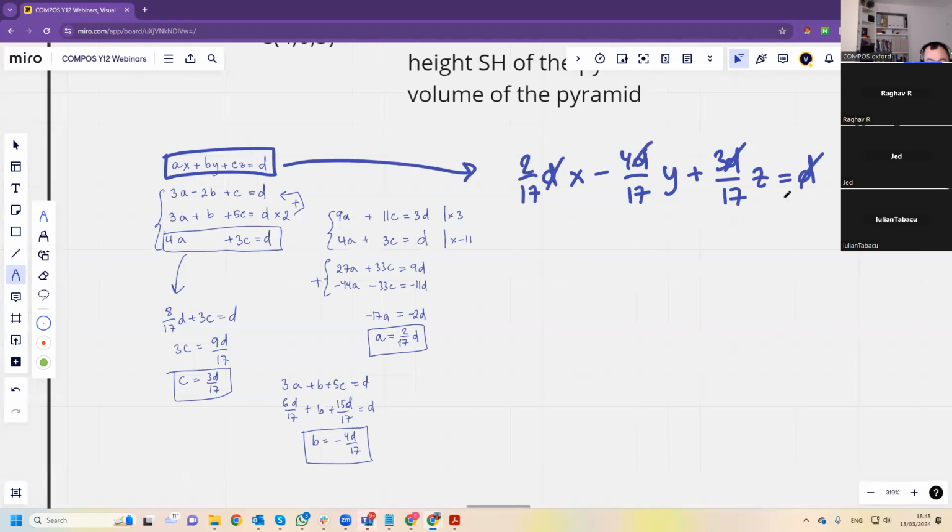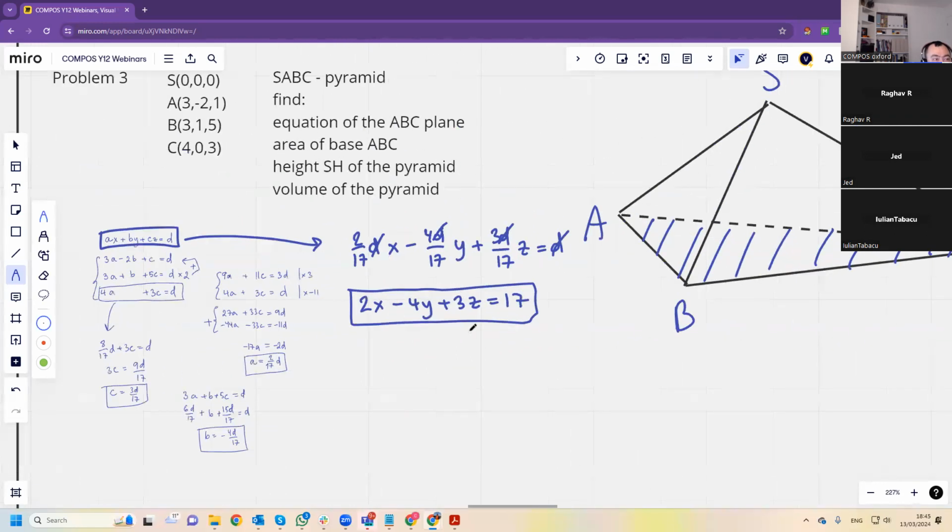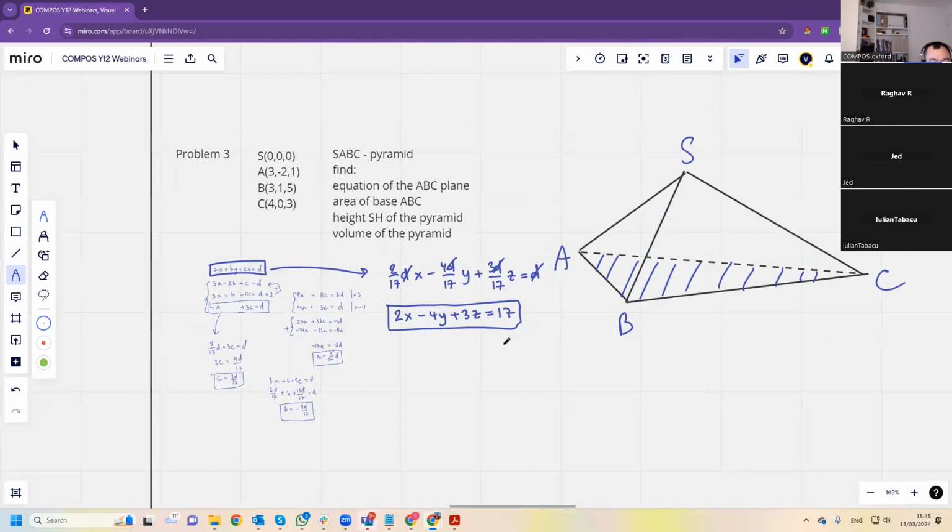And we multiply the whole thing by 17, we get 2x minus 4y plus 3z equals 17. Oh, okay, not too bad. I thought it's going to be worse. That's the equation of the plane ABC.